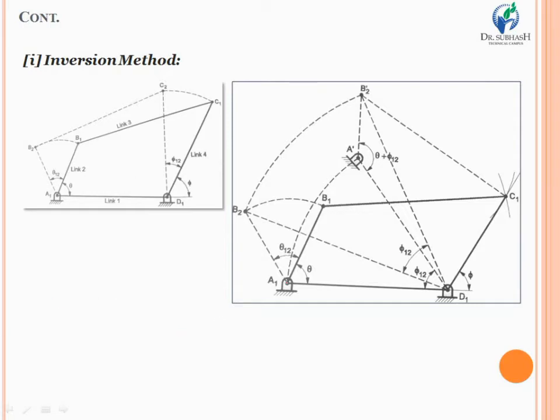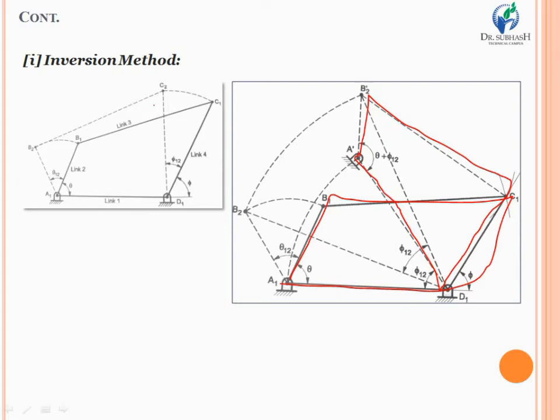That means A1, B1, C1 and D1 is the first position, whereas A1 dash, B2 dash, C1 and D1 shows the final position of the mechanism that you have given. And if you compare both of the diagrams, you can conclude that B1 C1, or say B2 dash C1, will give the length of link 3.